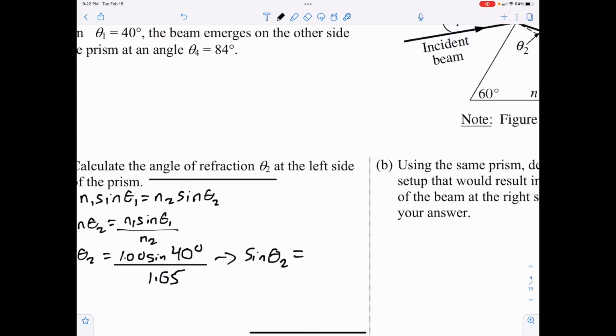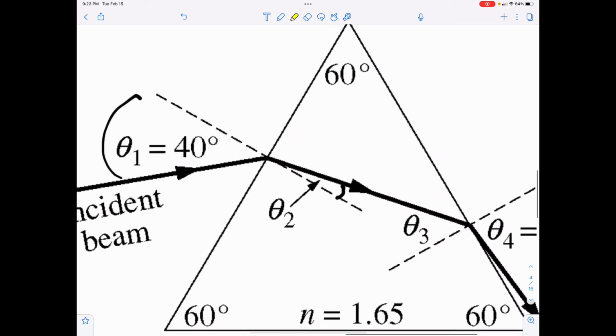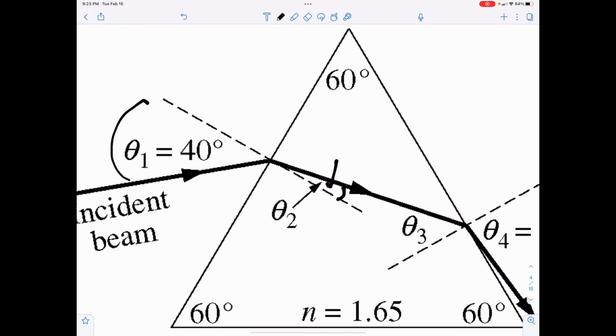So we get about 0.3896, something like that. When you take the arc sine of both sides, theta 2 is about 22.9 degrees. So I'm just going to round it to the nearest angle, say 23 degrees. So there's our theta 2. Right there. That angle right there is about a 23-degree angle.